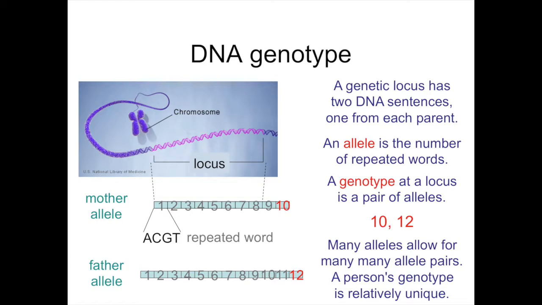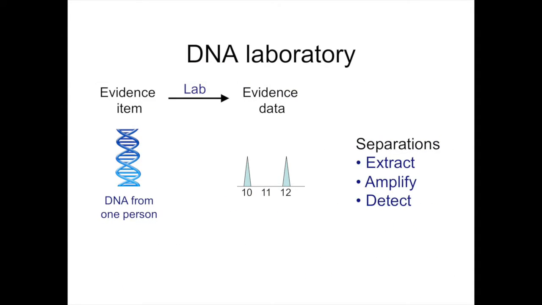At the first locus, there's a pair like 10, 12, what you've inherited from each parent. The second location on a different chromosome that's independent is another pair of numbers. So it's about 15 pairs of numbers. And there's a trillion possibilities, fewer than 10 billion people on the planet, and therefore these genetic barcodes are relatively unique.